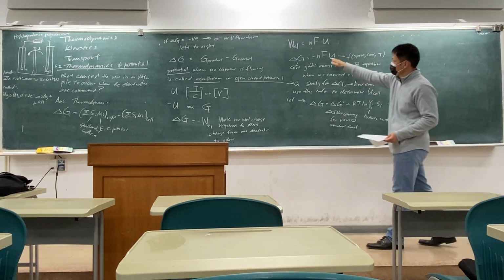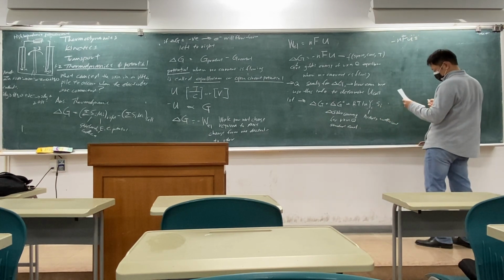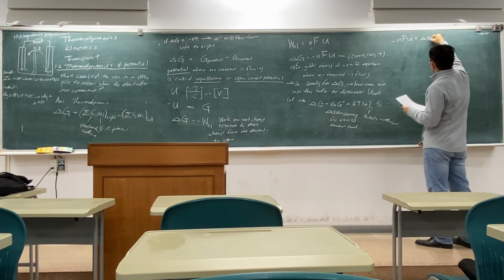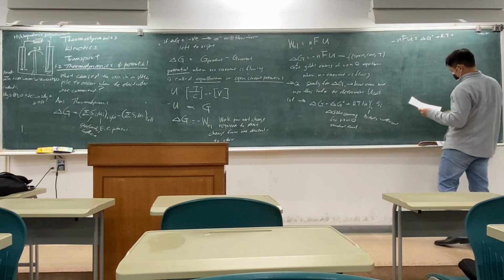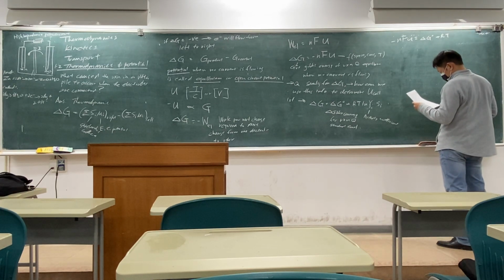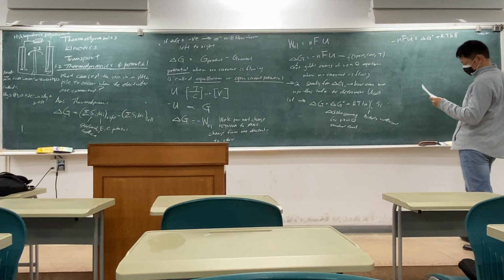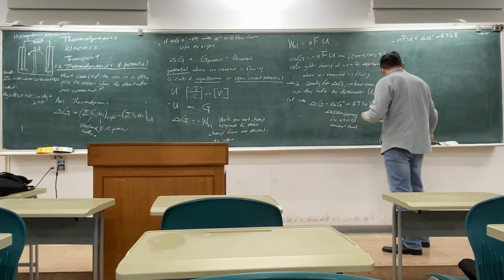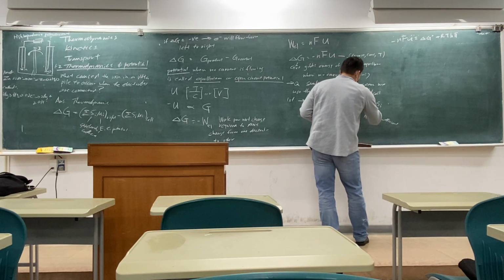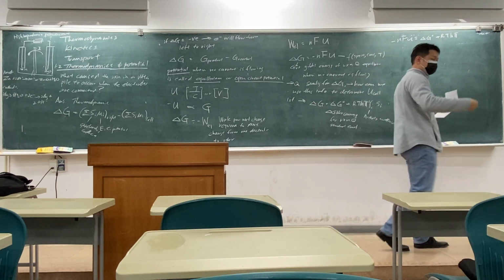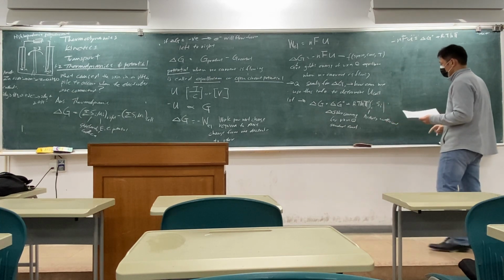So we move this to get minus NFU equal to delta G naught plus RT ln of the product, multiplying all of this.